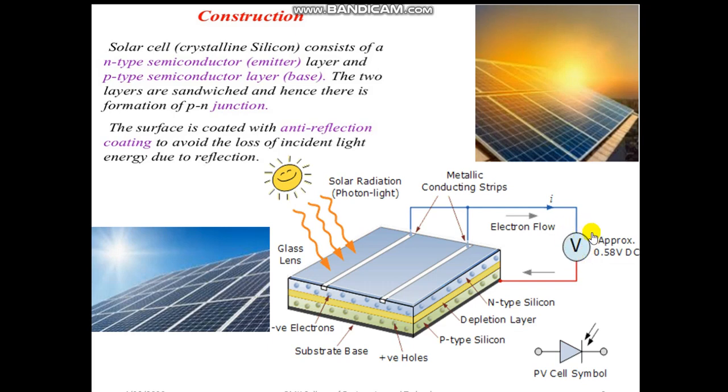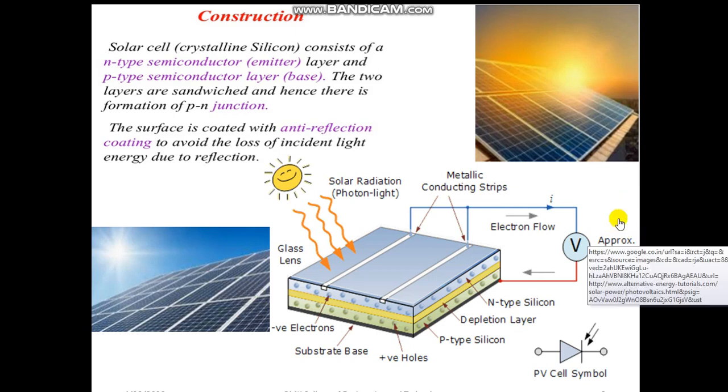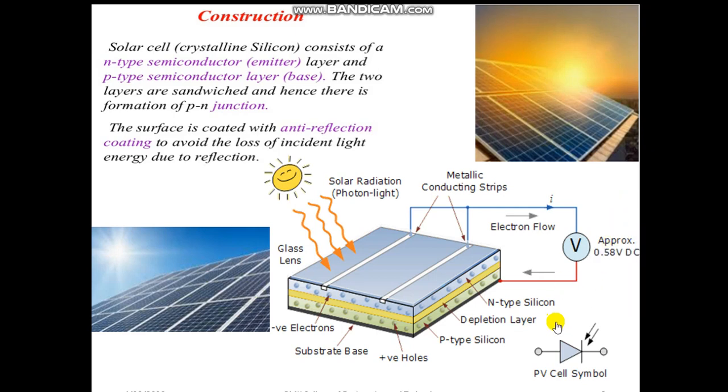Initially the electricity will be pure DC, and by using a proper inverter we can convert this DC voltage into AC voltage in order to operate home appliances or AC electrical devices. This is the symbol of the photovoltaic cell, the solar cell symbol. It is simply a two-layer device, with a p-type semiconductor and an n-type semiconductor.